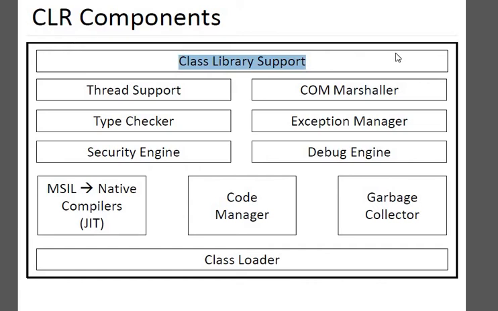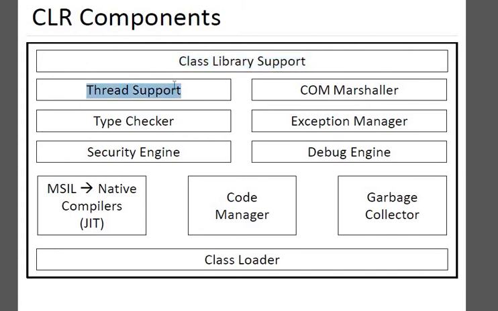or also known as the base class library. The common language runtime provides support for the base class library, known as the BCL. It contains multiple libraries that provide various features such as collection, input output, XML, and data type definition for the multiple .NET programming languages.